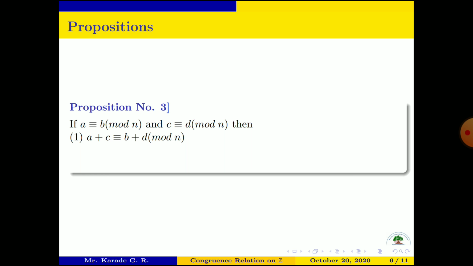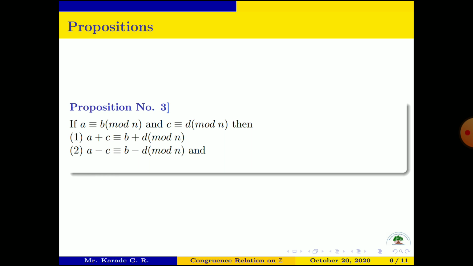Okay, secondly, this proposition says that a minus c is congruent to b minus d mod n. This second statement says that we can subtract the given two congruence relations.